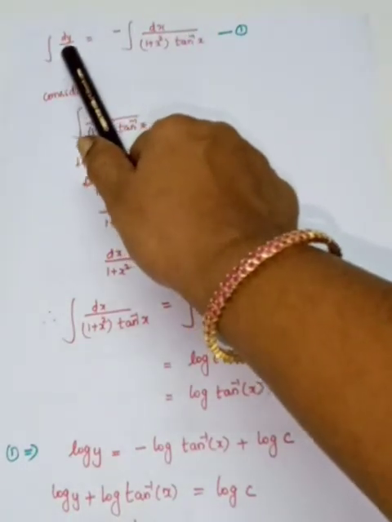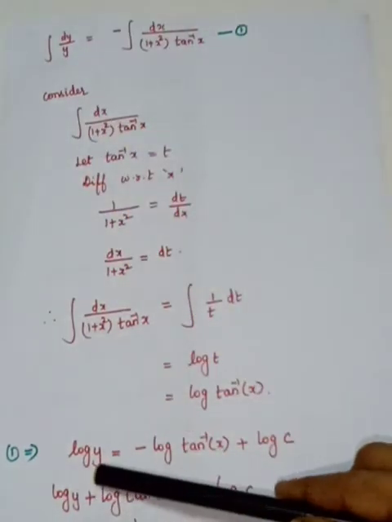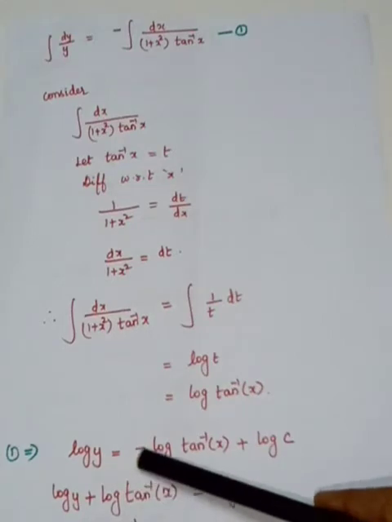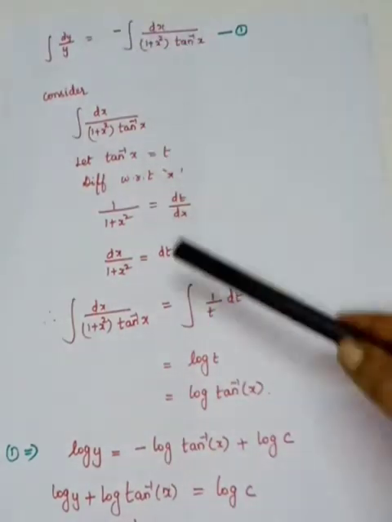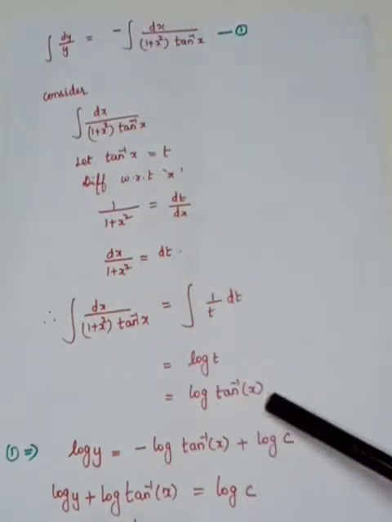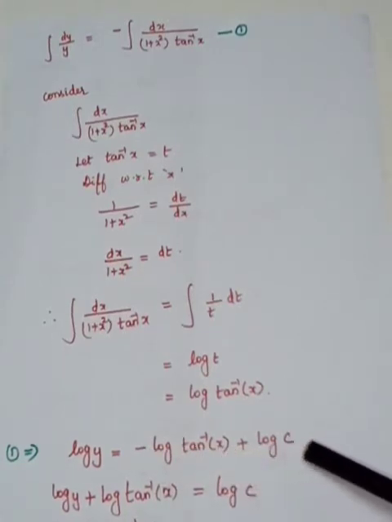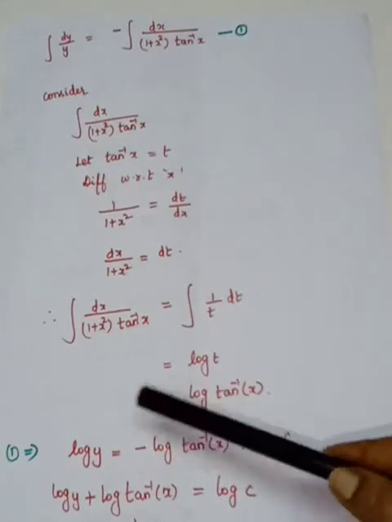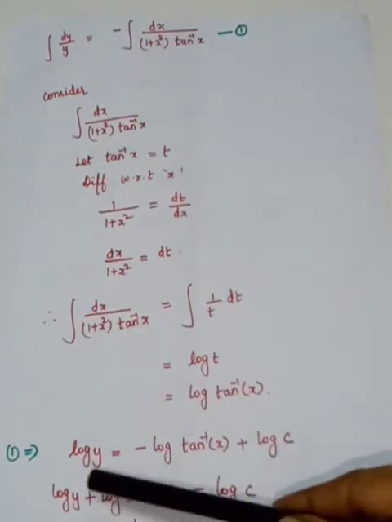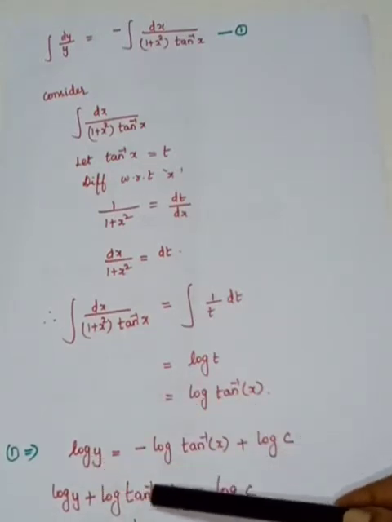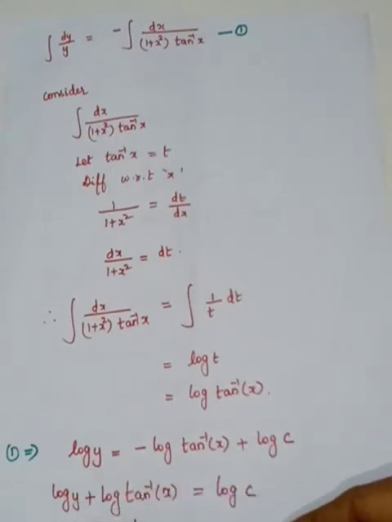So we have to take the left hand side integration, that is log y is equal to minus, what is the integration of this term? This is log of tan inverse of x. So minus log of tan inverse of x plus log c. Okay, the minus when you bring it to this side, it will become plus. It is in the form of log a plus log b, so it is log ab.